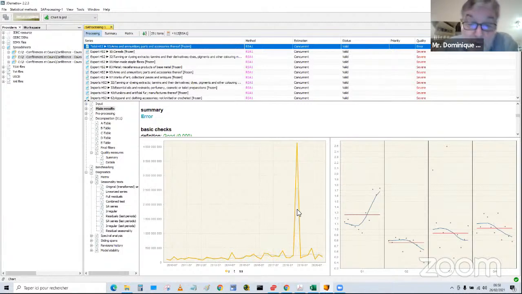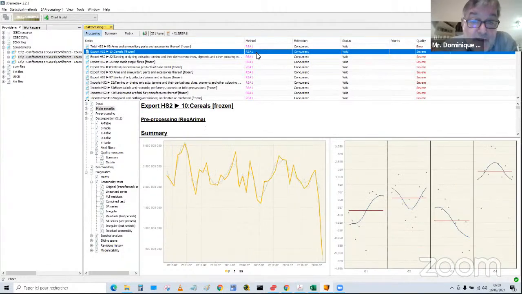So the first thing to do is to try to understand this point. I don't know what it is, but it's incredibly higher than the rest of the series. So you have to investigate that. See if it's true. You say, okay, it's true, and you accept that you will not have coherence between the annual total of the seasonally adjusted series and the annual total of the raw data because of this point. So it's not certain that it's a big problem, okay? After that, for the severe ones, I guess that most of them will come from the ARIMA modeling.